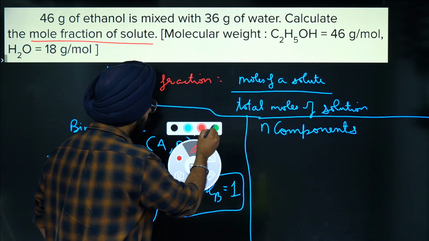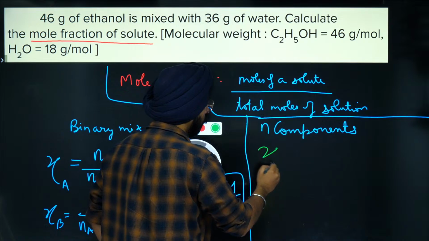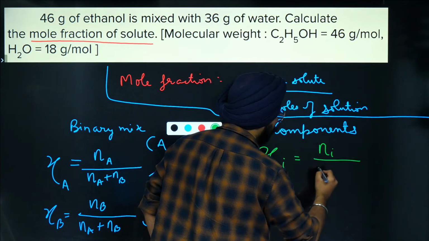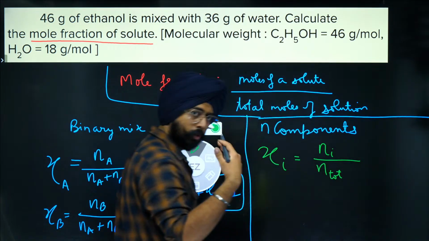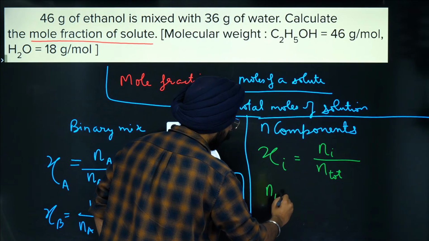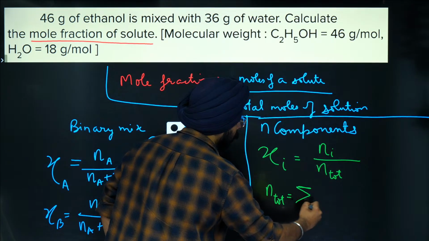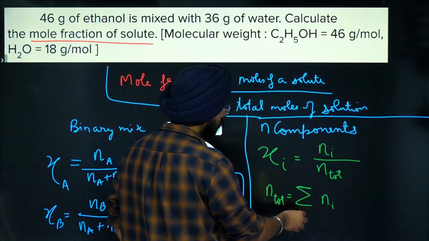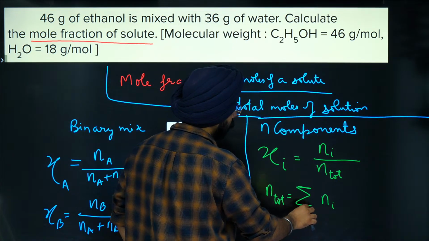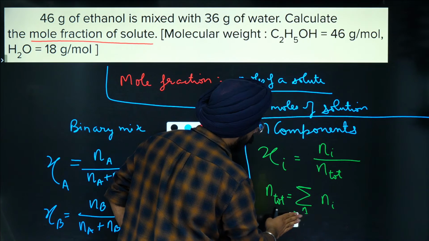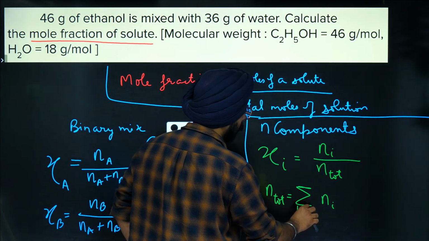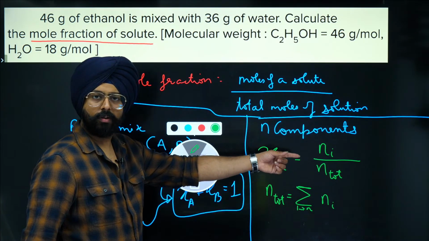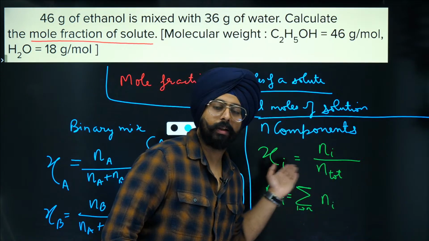So for any component i, I can define the mole fraction as the number of moles of i divided by the total number of moles, wherein N total is equal to the summation of n_i, where i goes from 1 to n. Get the representation, a little bit of mathematics. Understood? N total is n1 plus n2 plus n3 plus n4 till n.